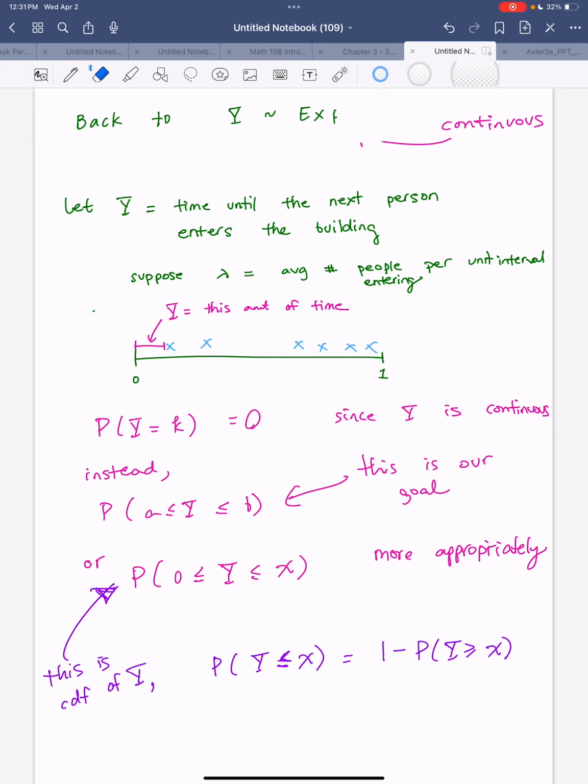let's clean this up and say X is exponential with average number of visitors equals lambda. Okay.